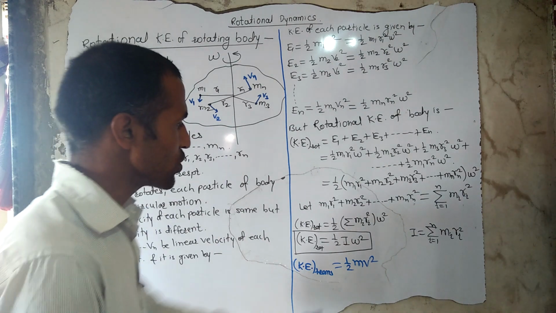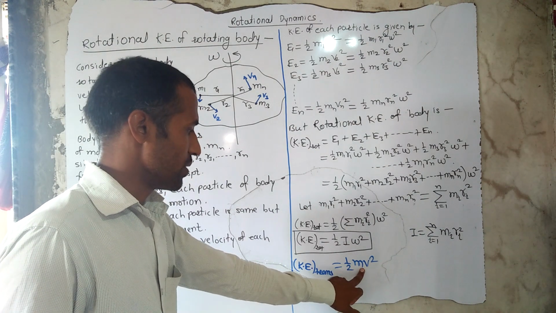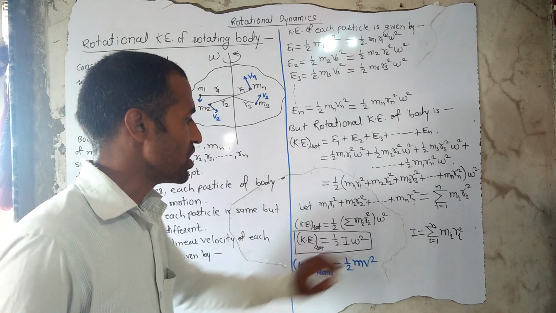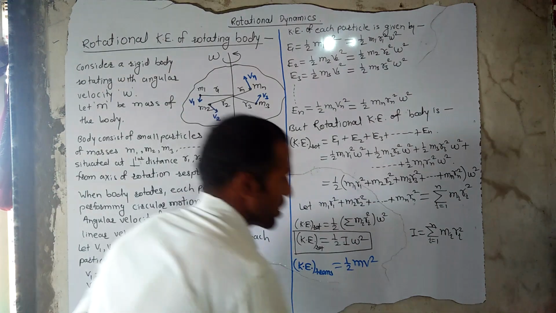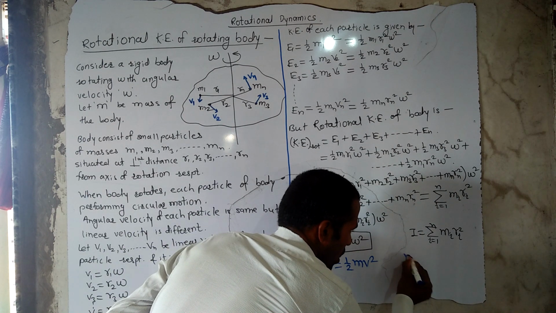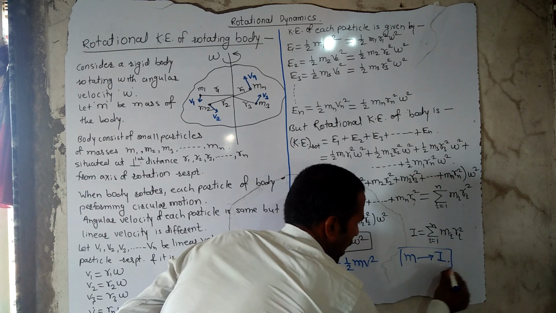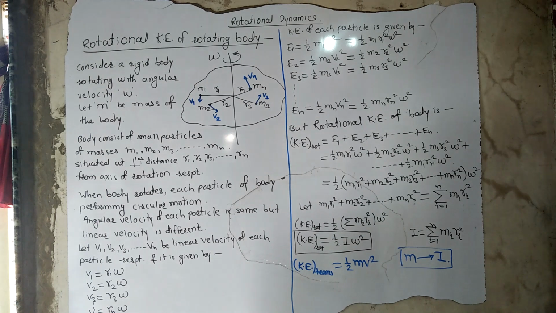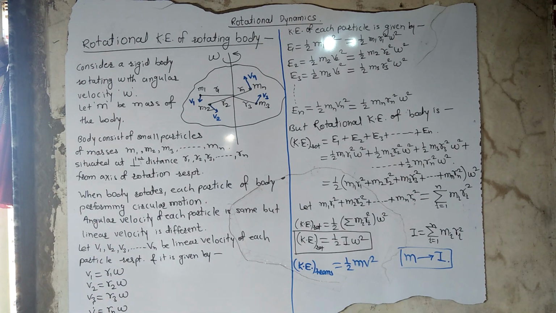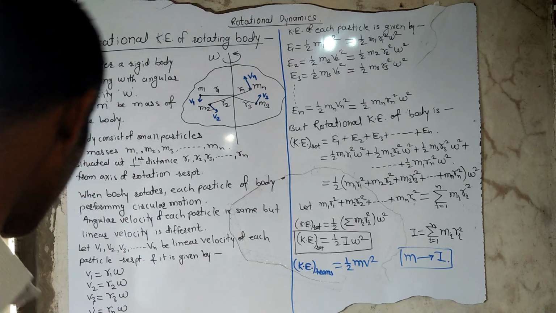Also, the mass of the particle in translational motion is replaced by the term I, and this I is called moment of inertia.